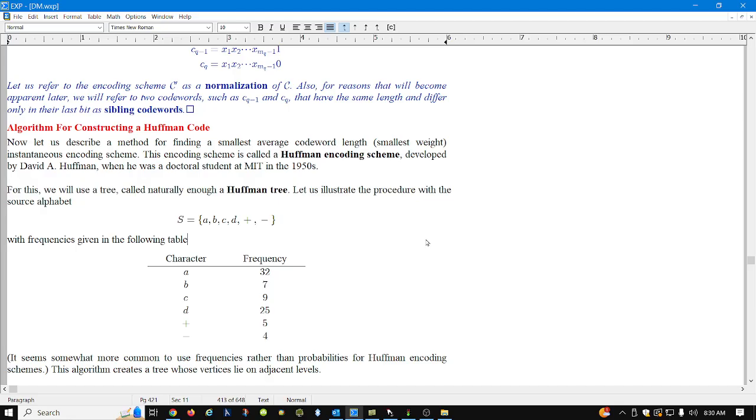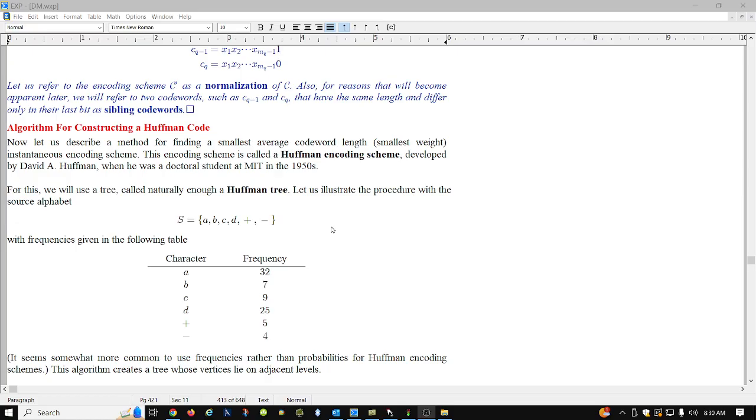This encoding scheme was discovered by David Huffman when he was a doctoral student at MIT in the 1950s. To describe Huffman's code and the encoding scheme, we're going to use a tree, which is naturally enough called a Huffman tree.